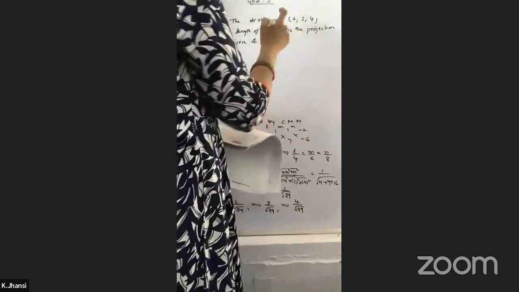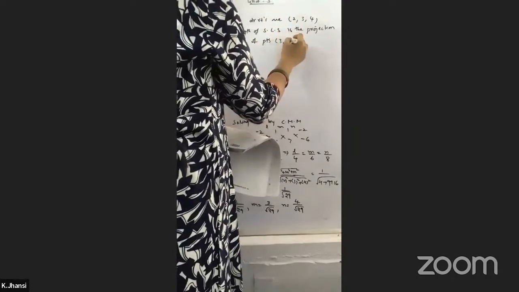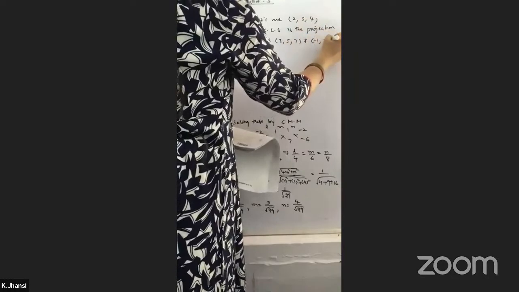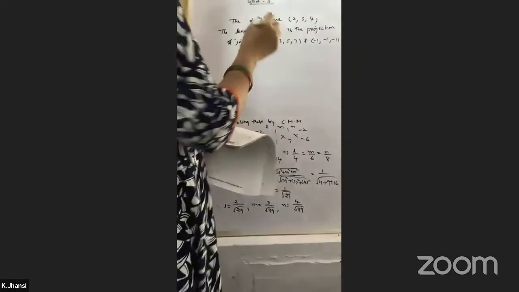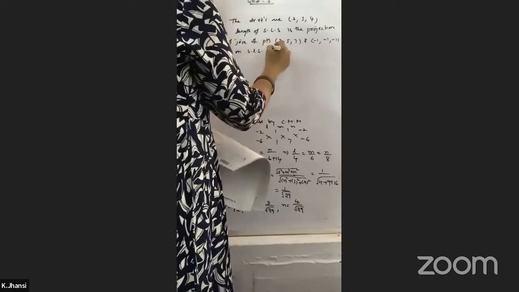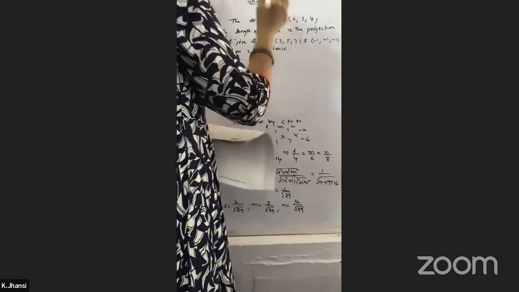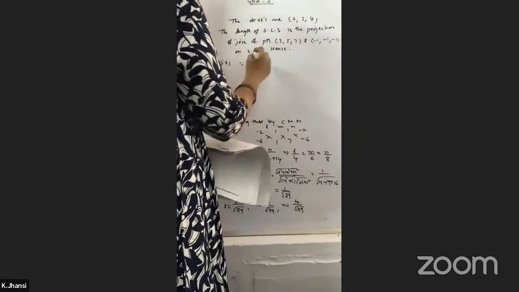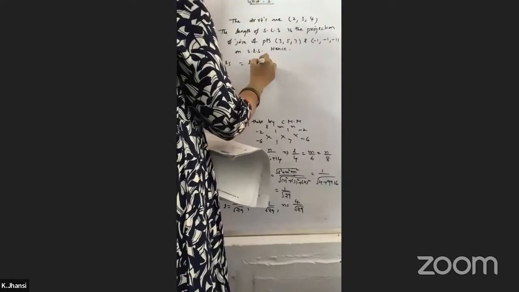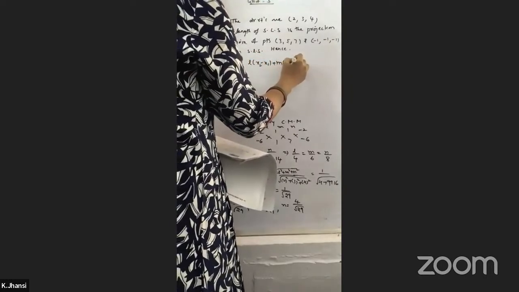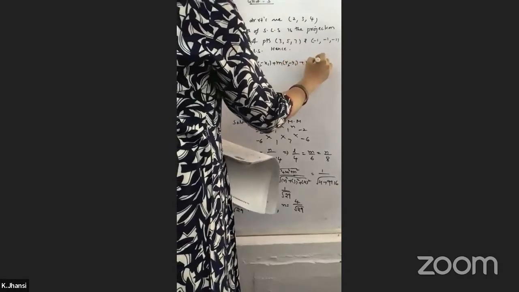As I just told, the points on the shortest line segment are 3, 5, 7 and -1, -1, -1. Hence the shortest line segment is equal to l(x2 - x1) + m(y2 - y1) + n(z2 - z1).